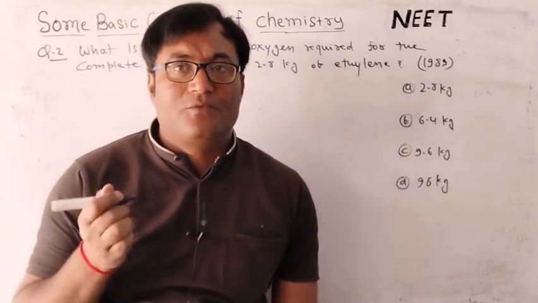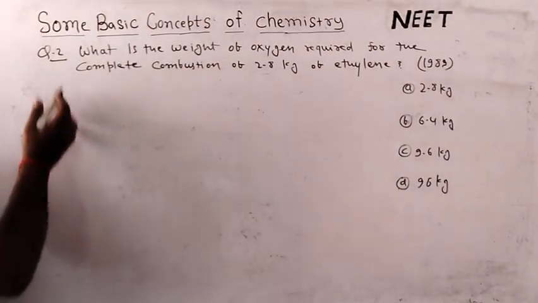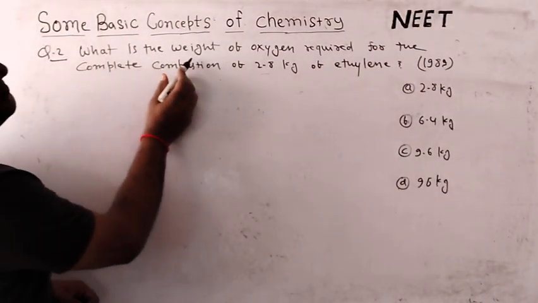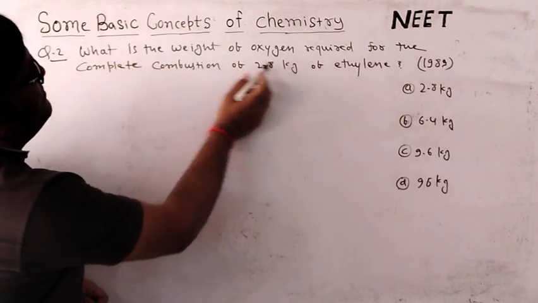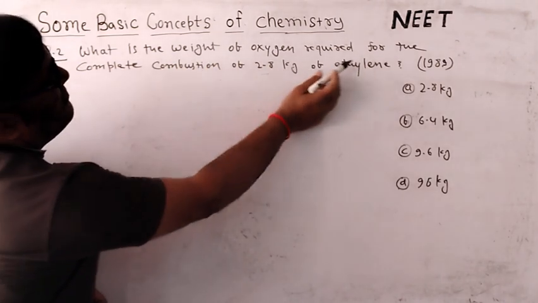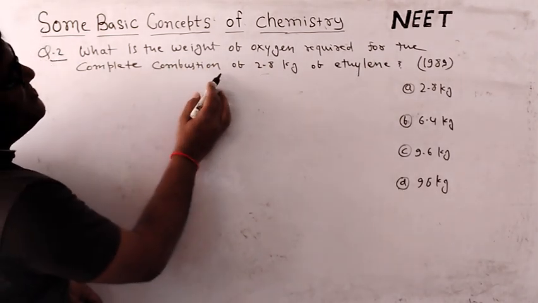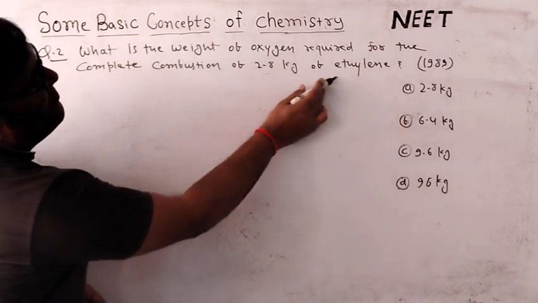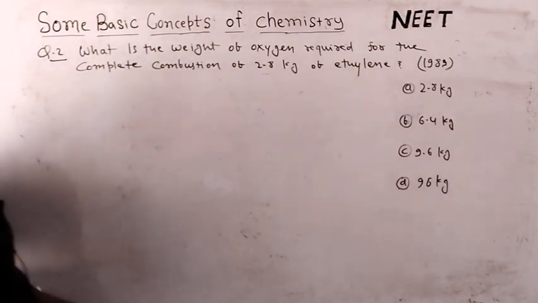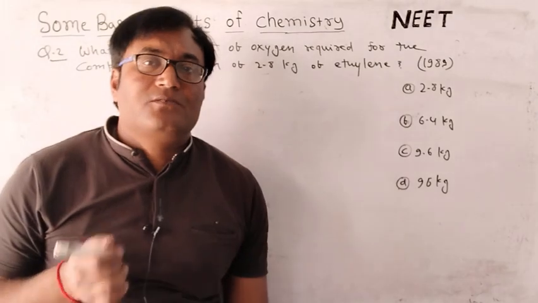Now I am going to solve question number 2. According to question number 2, what is the weight of oxygen required for the complete combustion of 2.8 kg of ethylene? Options are given.